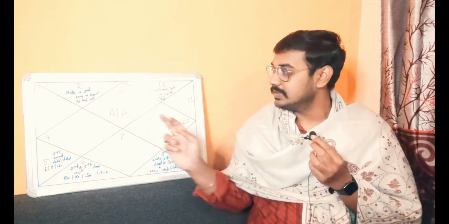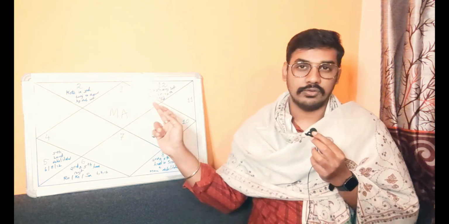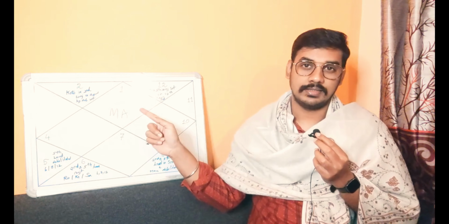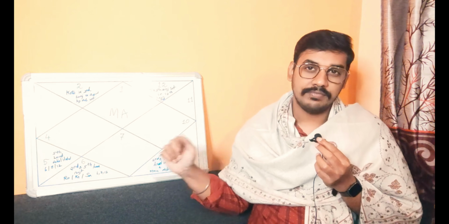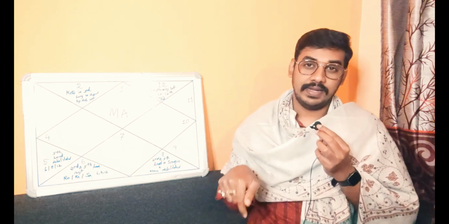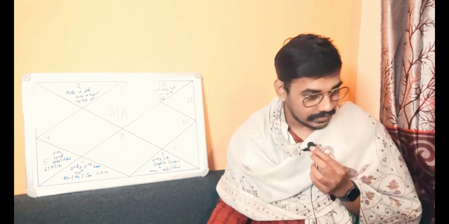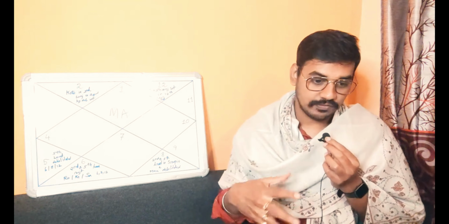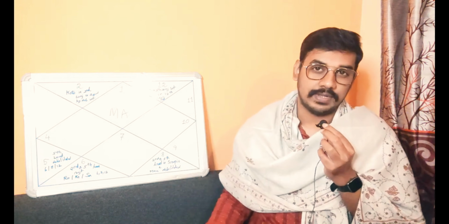Even though Mars is placed in the first house of your Lagna chart, if the same Mars is placed, say, in the 8th house of the Navamsha chart, then it shows that the energy of Mars is going directly into the 8th house of transformation.